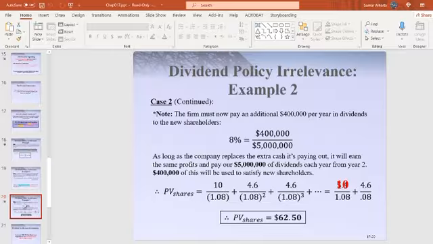So for calculating the present value, we will simply do the present value of the dividends paid at the end of the current year: 10 divided by 1.08, plus 4.6 divided by 1.08 squared, and it will go on like this, 3, 4, 5, 6, 10, 20, forever up to infinity.